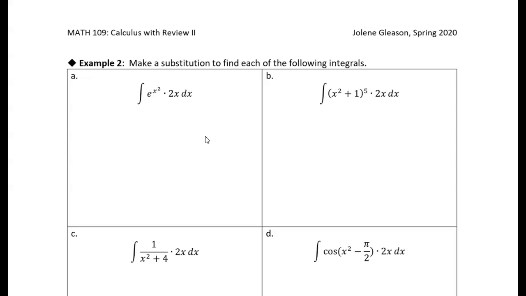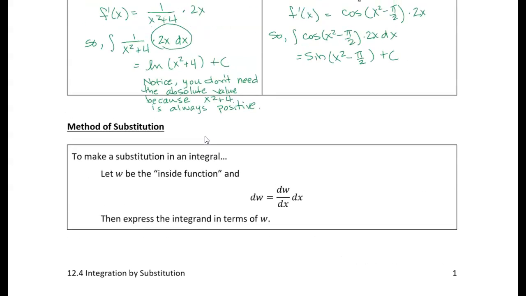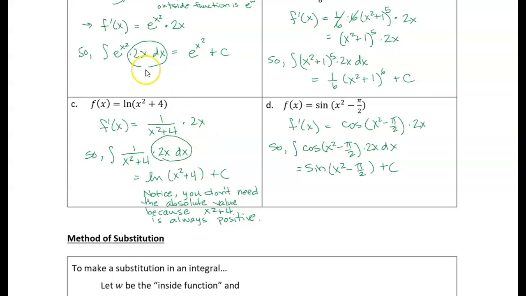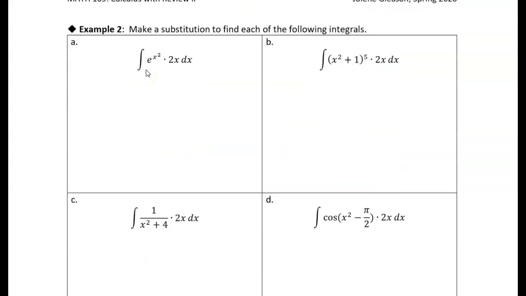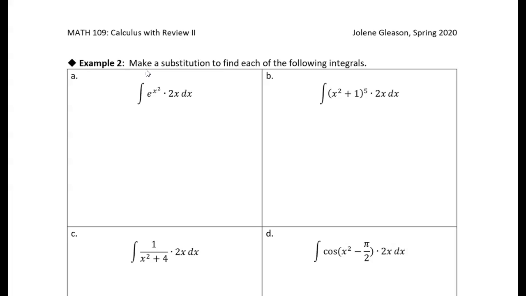So now we're trying to find the indefinite integral of e to the x squared times 2x dx. Now you already know that because we did it back here, right? We found it. But if you didn't know that, what would you have to do to figure that out? So we're going to let w equal x squared, because it's the inside function of this first part.